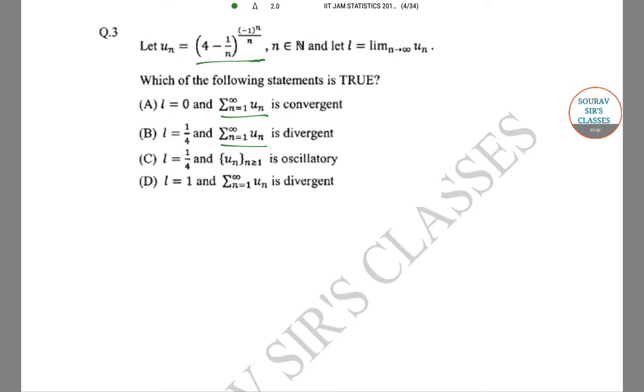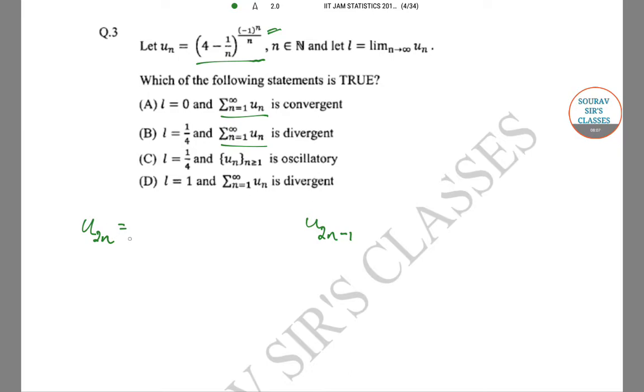So now, since we have a minus 1 to the power n here, why don't we just separate the odd and the even terms of the sequence?